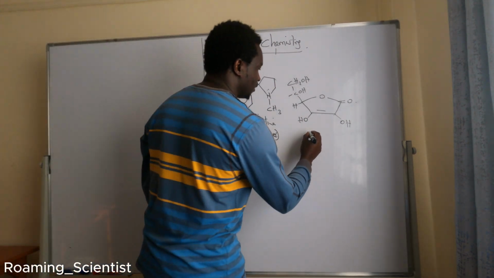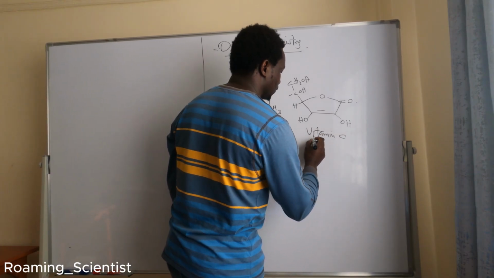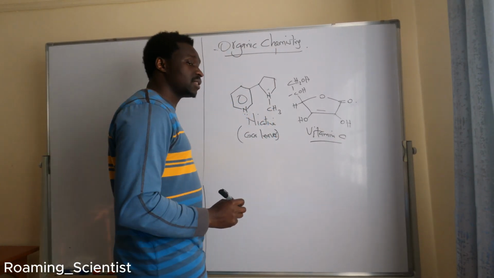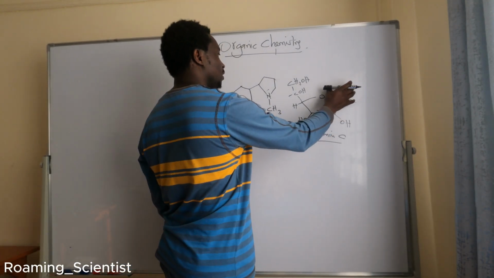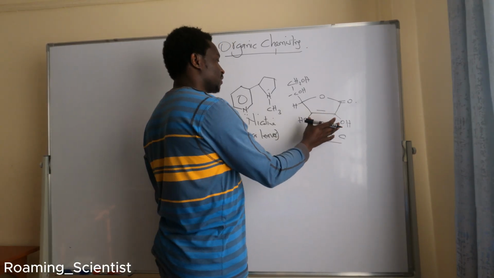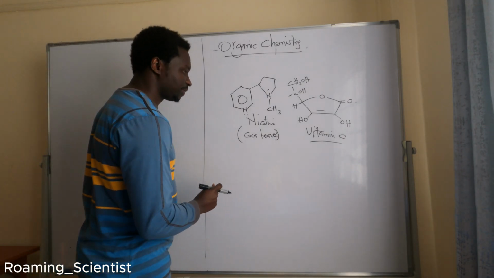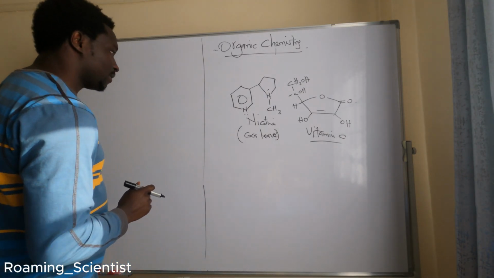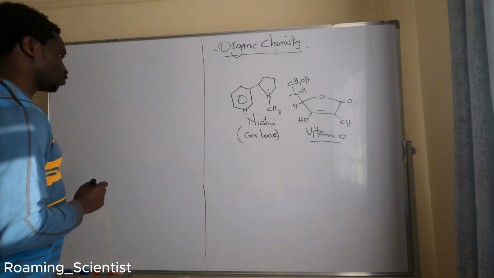So this is vitamin C. So when you hear about vitamin C that you get in fruits like oranges, this is the natural compound that is present in oranges. Now the other compound that is of interest perhaps is morphine.